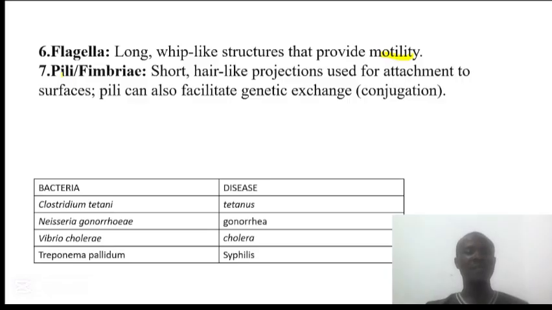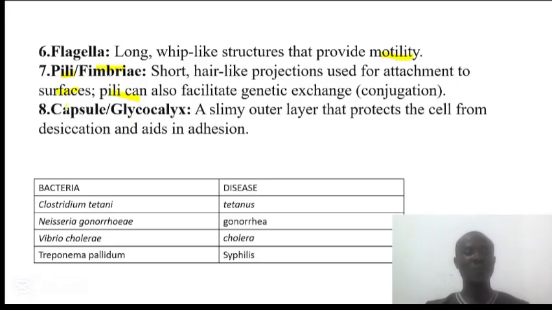And we have the pili or fimbriae, which are short hair-like projections that are used for attachment to a surface. But there is a difference between the pili and the fimbriae. Both help in the attachment of the bacteria to a surface, but it is only the pili that can facilitate the exchange of genetic material between two bacterial cells.